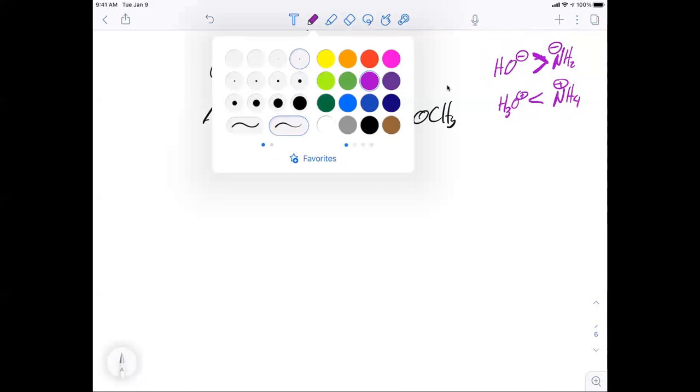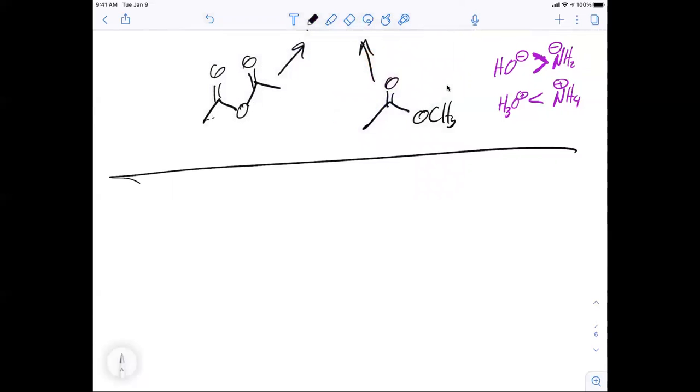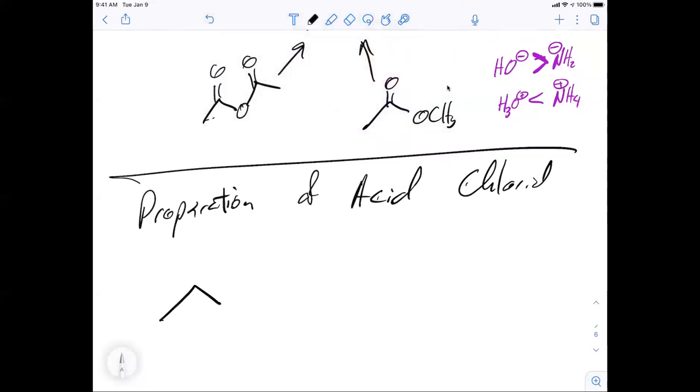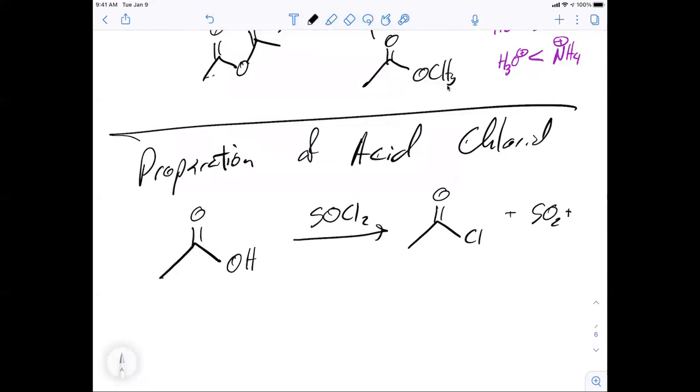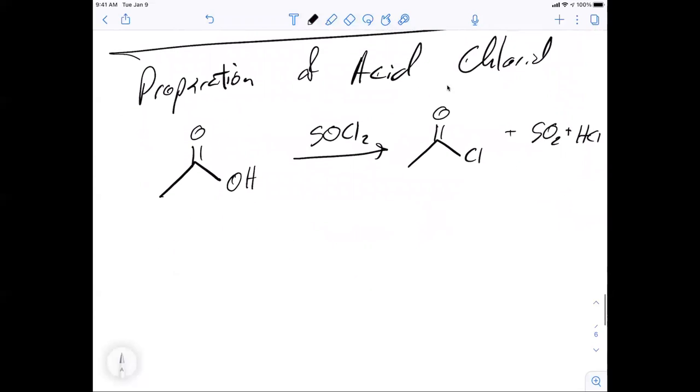Okay, so preparation of acid chlorides from anhydrides. Okay, so the secret to turning the acid into the chloride and having us a whole process to turn any carboxylic acid derivative into any other carboxylic acid derivative is the fact that we can use this SOCl2, so thionyl chloride.